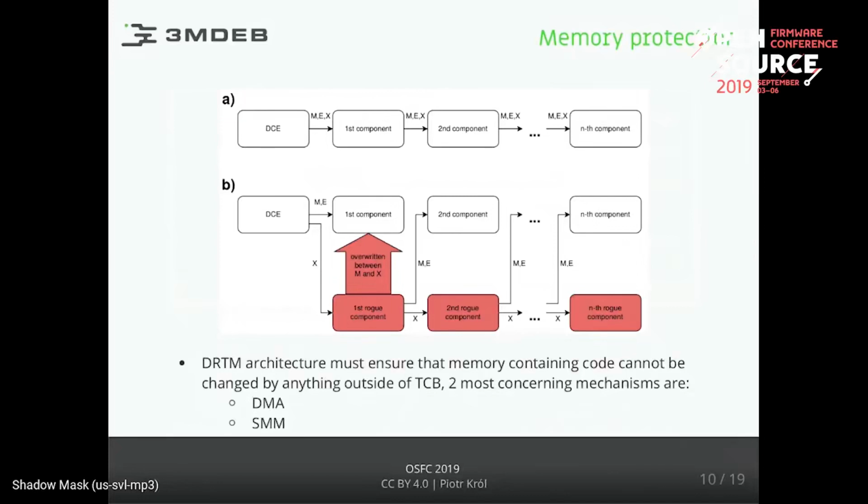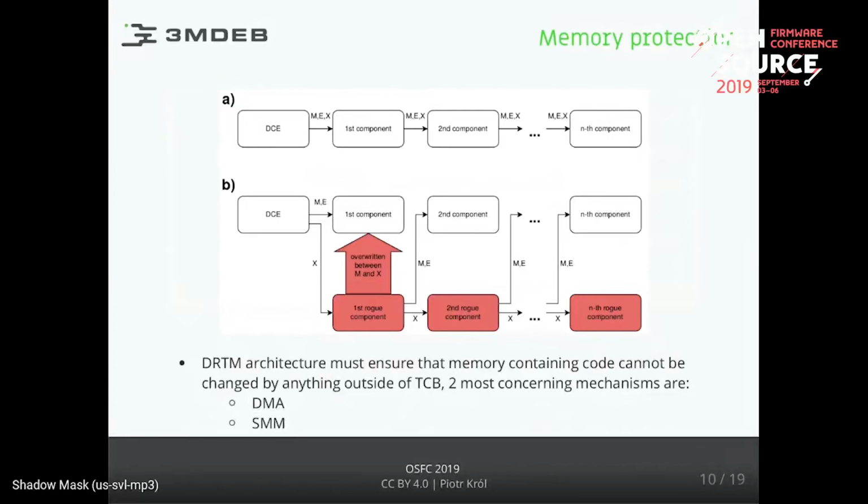We have to ensure that code cannot be changed by anything outside of our trusted computing base, so from our small piece of code. But various things may happen. Typically we start our DCE, we measure, we extend PCRs and execute the component, and we follow that with all the components.